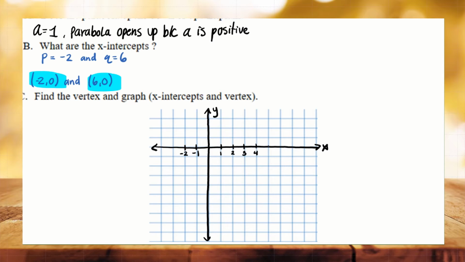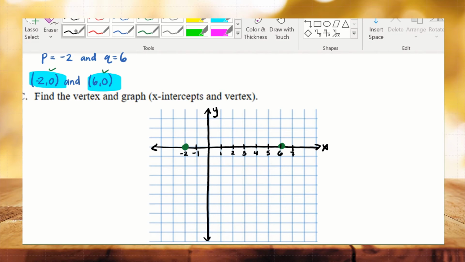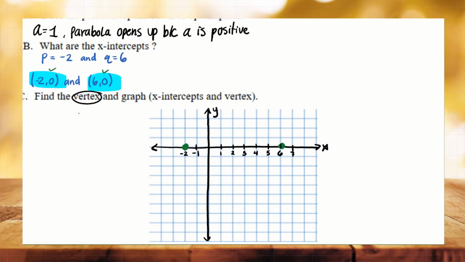These points are on the horizontal x-axis, which is why they're called intercepts. We have one at -2 and another at 6. We're going to use those two points to find the vertex.